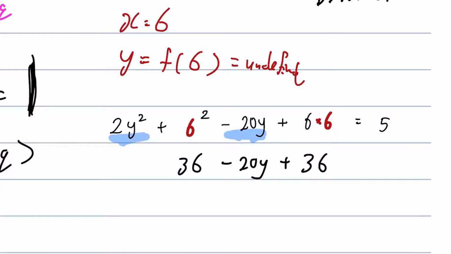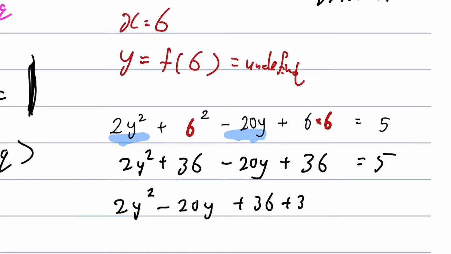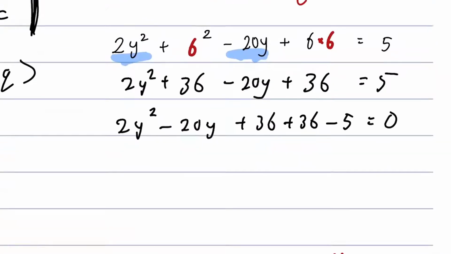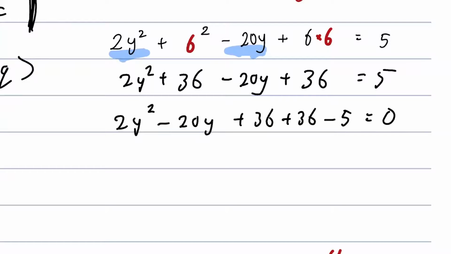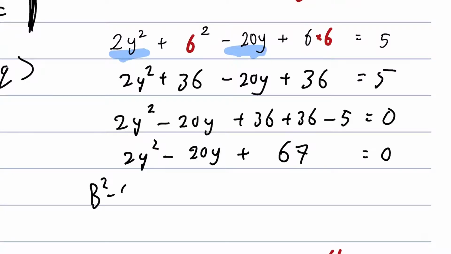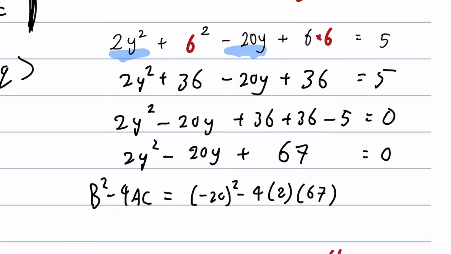Minus 20y, 2y squared equal 5. So I can bring all the constants over. So I eventually get a quadratic like this, 2y squared minus 20y plus 36 minus 5 equals 0. Simplifying the constant, I get 67. 2y squared minus 20y plus 67. If you check the discriminant, b squared minus 4ac, what do you get? Let me key that in. Remember the discriminant? Yeah.